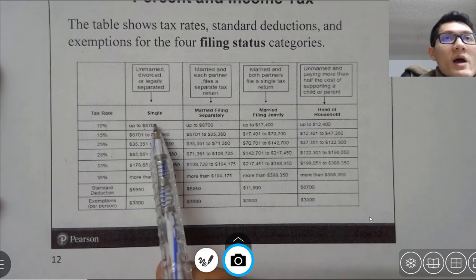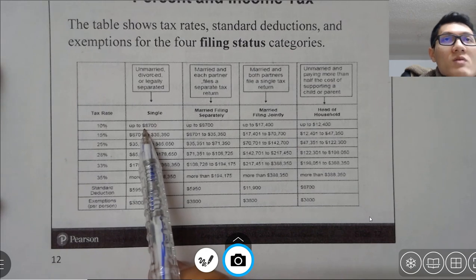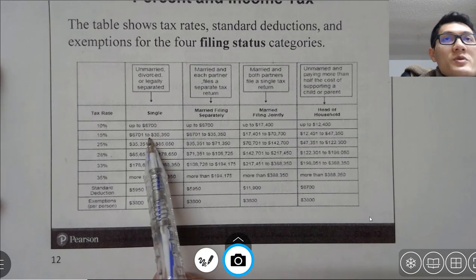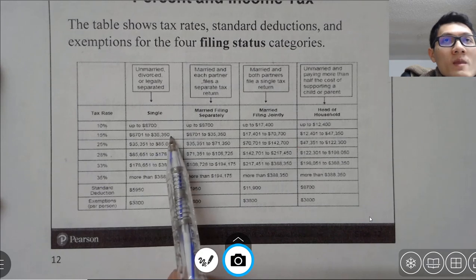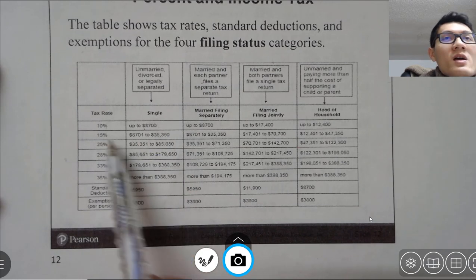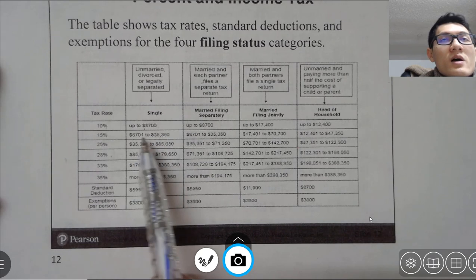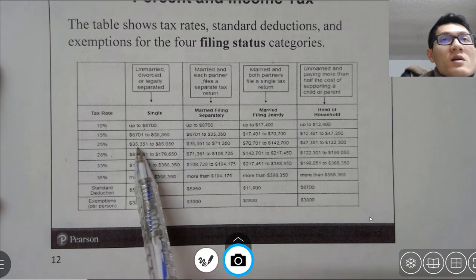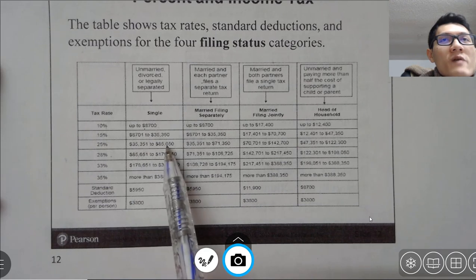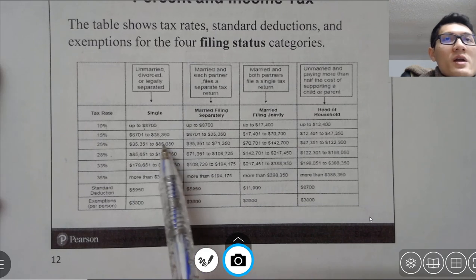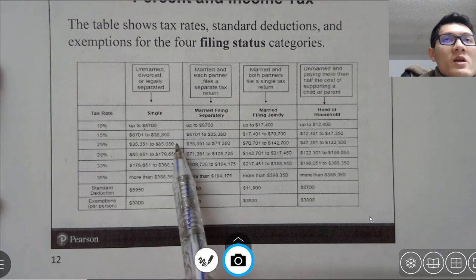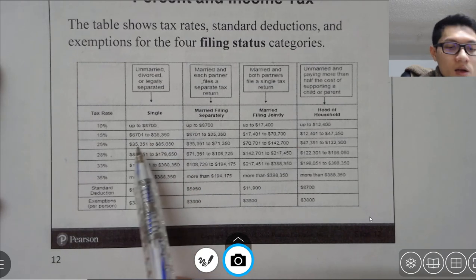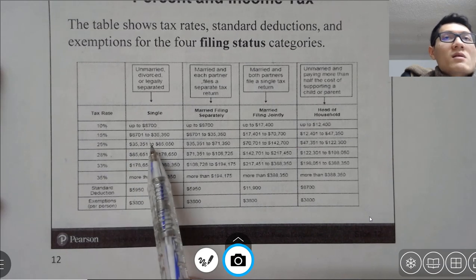Now after 8,701 up to 35,350, then we take 15% of that interval only. And then from 35,351 to 85,650, the extra amount from 35,000 to 85,000, you take 25% of that amount only, and so on.